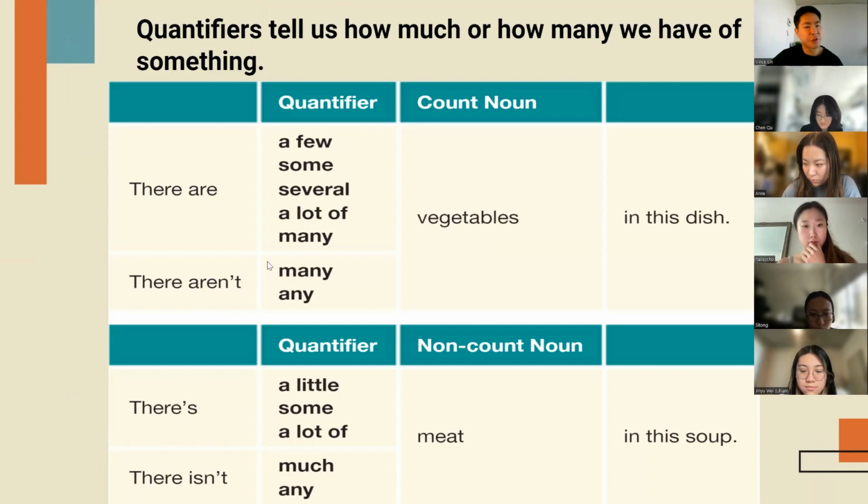So I have a chart for you guys. These are two charts of some common quantifiers you can apply to count nouns and non-count nouns. Okay, so we will do the same thing. I'll give you guys some time to take a look, and I do have a few questions for you later. For now, just take a look and let me know if you have any questions.